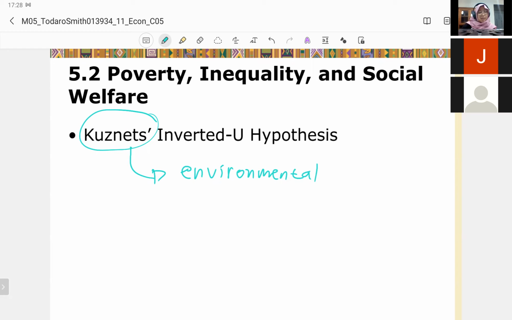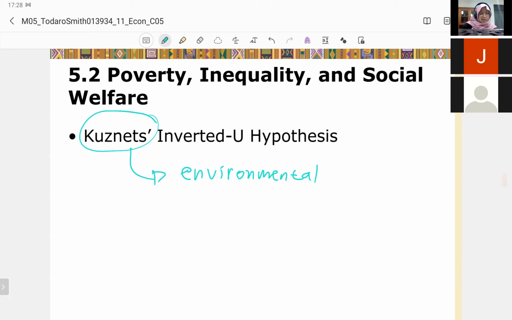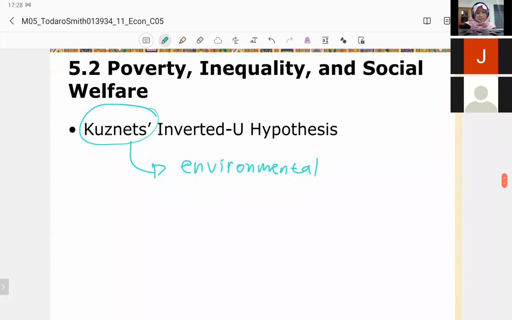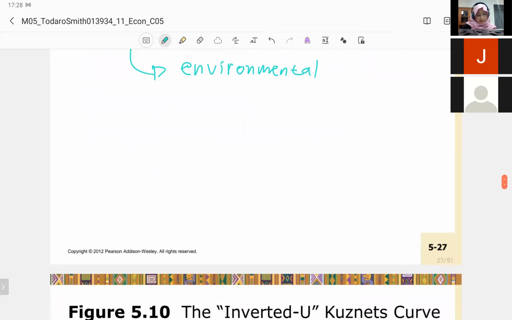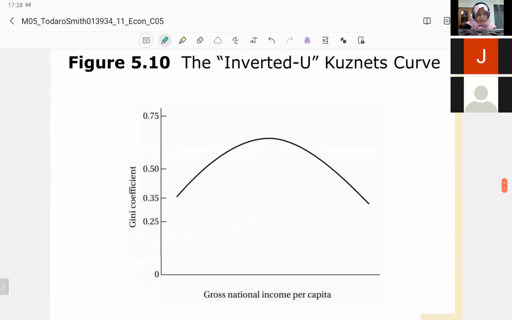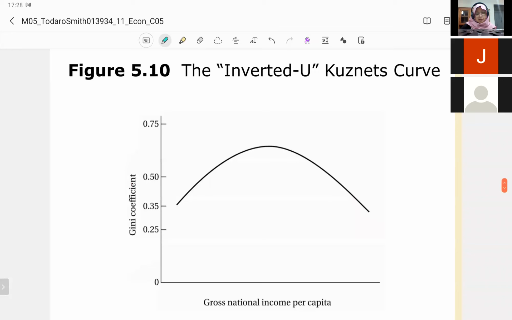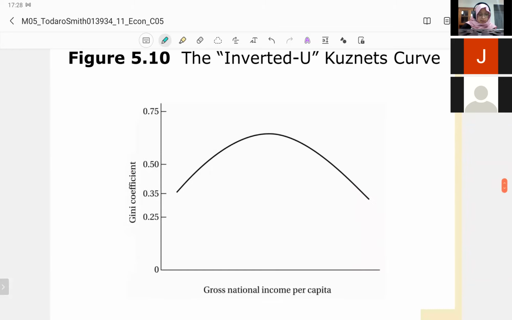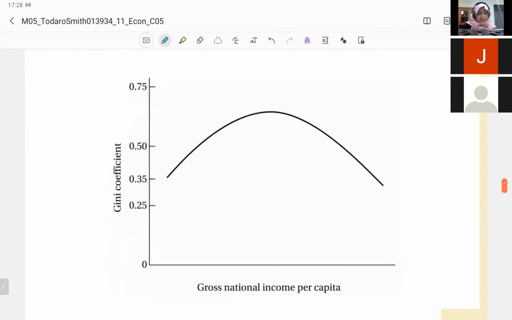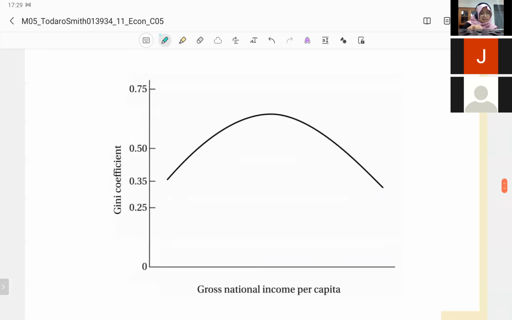So that's the environmental Kuznets curve. But here we are going to discuss the Kuznets curve in the context of poverty, inequality, and social welfare. Okay, so this is the inverted U Kuznets curve. In this case, Kuznets said that, let's take a look at the graph first.